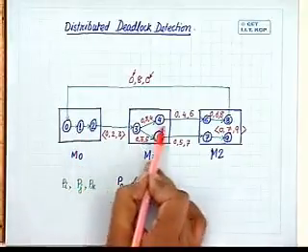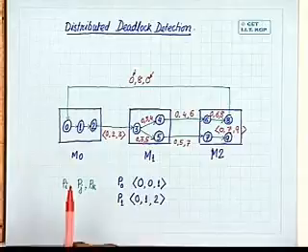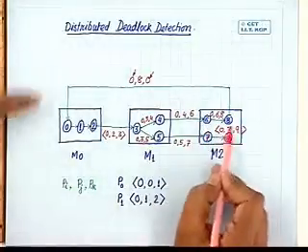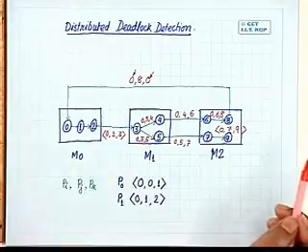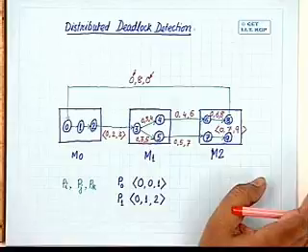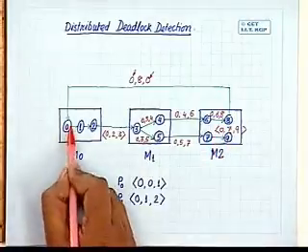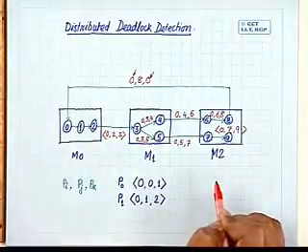Consider a situation in the same cycle where two processes are blocked simultaneously, because all of them are independent processes running on different machines. So it is quite possible that more than one process can be blocked simultaneously. Suppose process 0 is blocked, and at the same time process 6 is also blocked.